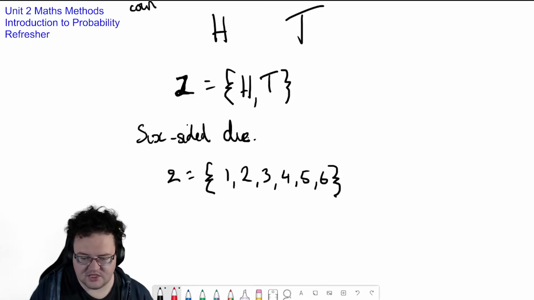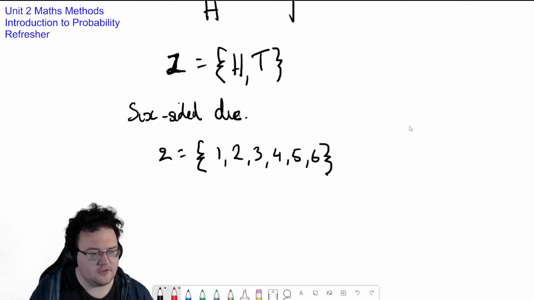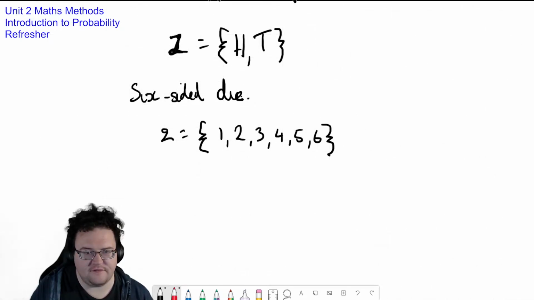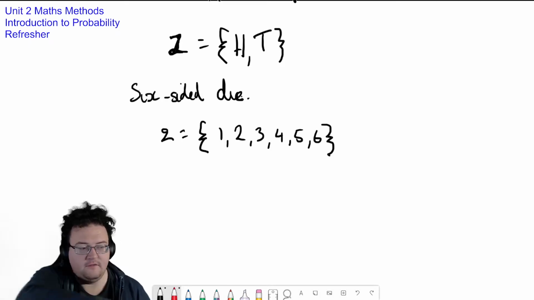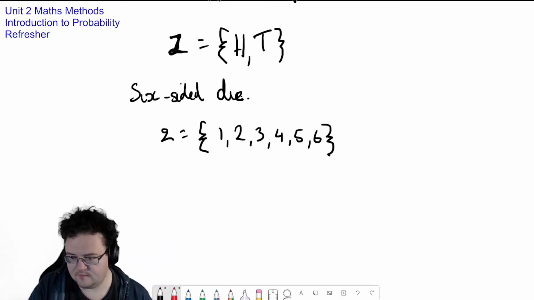So, what we actually do is we talk about probability in terms of the results we care about as a fraction of all of the events.